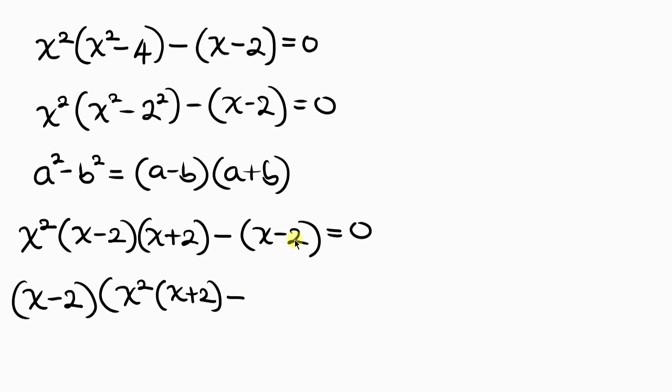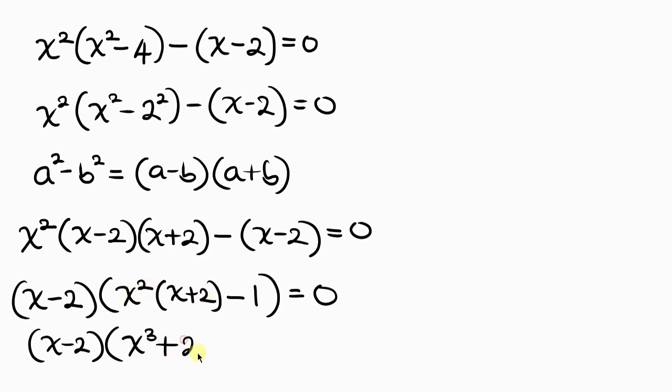Now (x minus 2) divided by (x minus 2), I have 1, close bracket, and this is equal to 0. Very good. Now let's simplify what we have here. So we have (x minus 2) times (x squared times x is x cubed plus x squared times 2 is 2x squared, and then minus 1), close bracket, equal to 0.